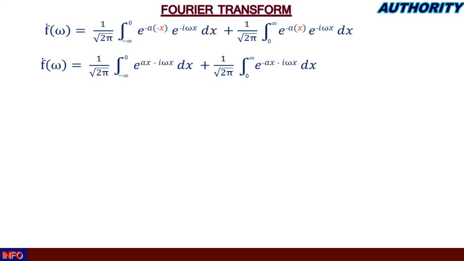I hope this is clear, right? Yes, we applied the law of indices, and since they have the same base, we just add their exponents or their powers. All right, good.